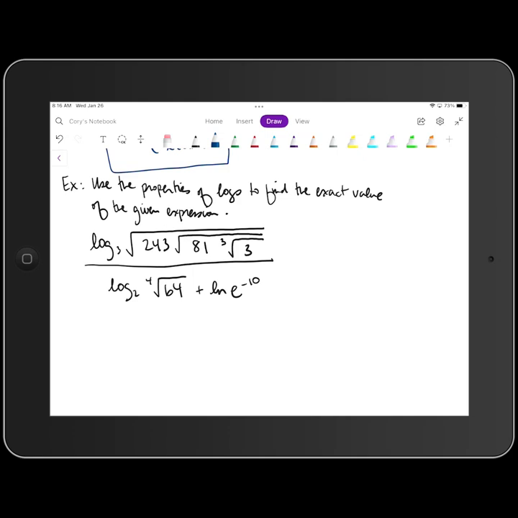And we are dividing that by the log base 2 of the fourth root of 64 plus the natural log of e raised to the negative 10 power.